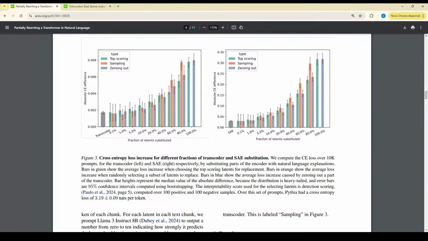What about this discrepancy? So randomly sampling seems to do worse than zeroing out. Yeah. So we are still doing the rewriting. It's just that you choose randomly which latent to rewrite, and it seems like zeroing out is very competitive, and in fact it's better than sampling.